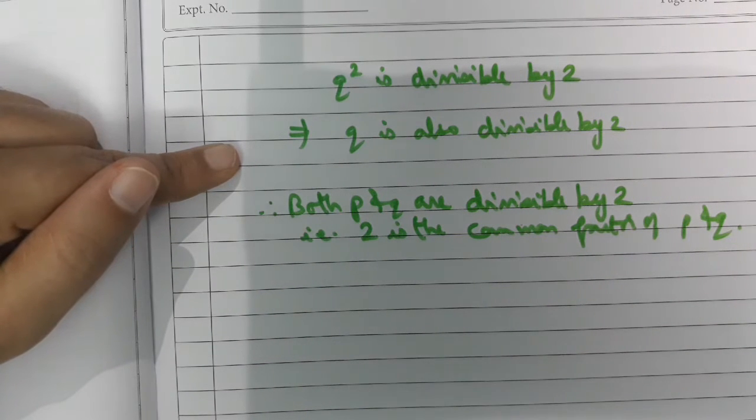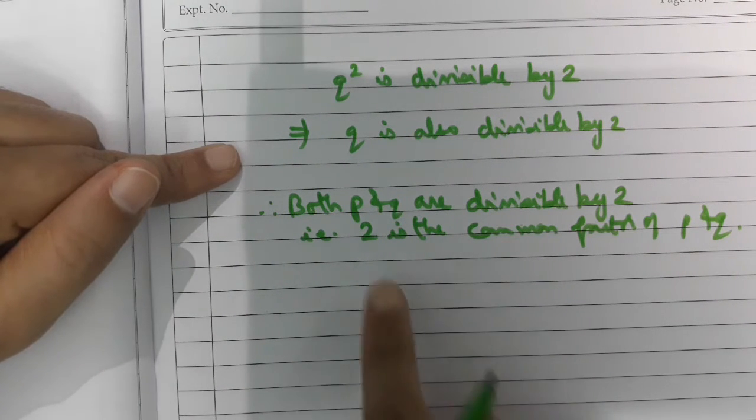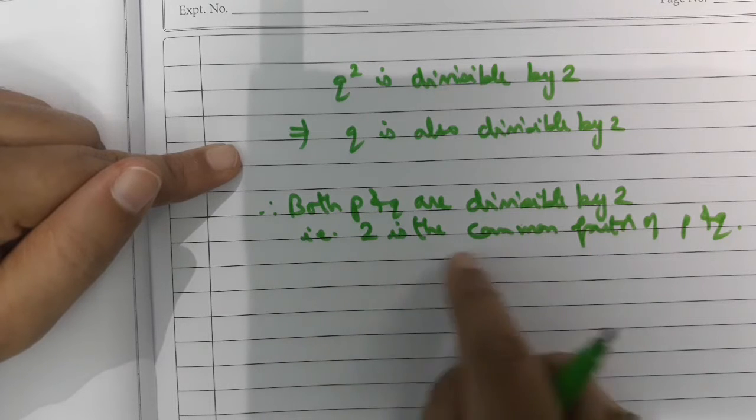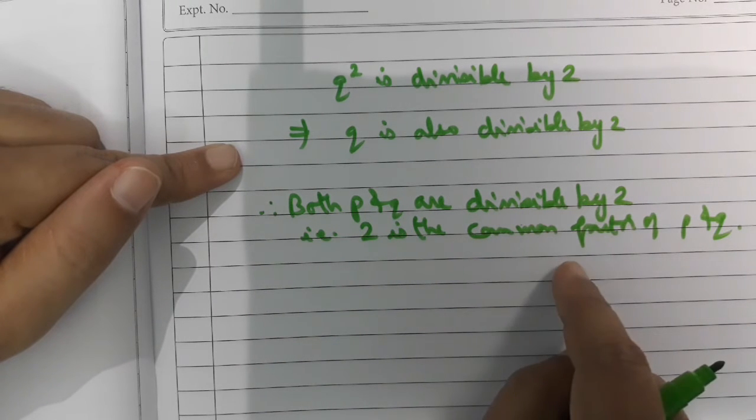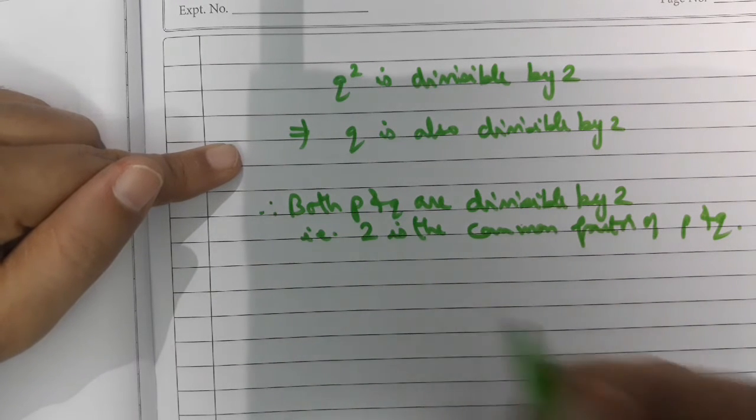But what did we assume? We had taken that p and q are co-primes. So if they are co-prime, only one should be the common factor, and apart from one you should have no other common factor. But over here we are getting that 2 is the common factor of p and q, so there is a contradiction.